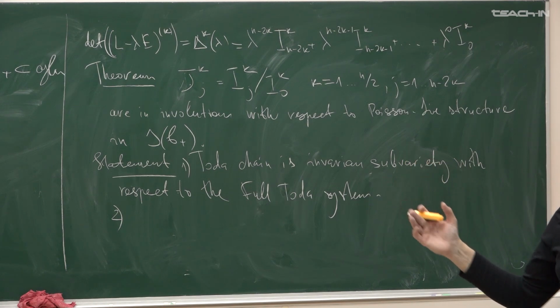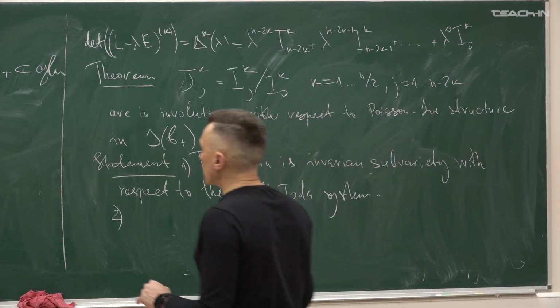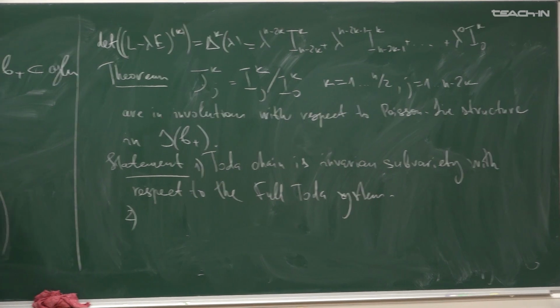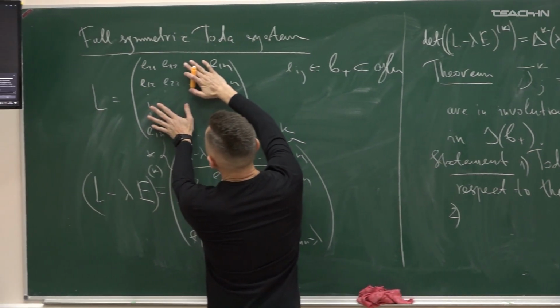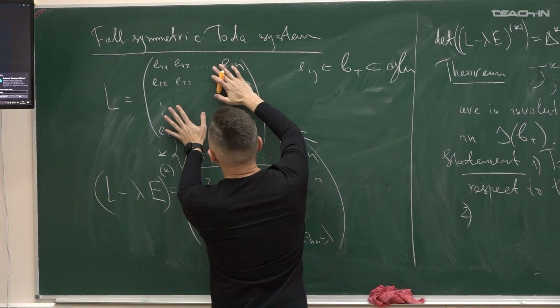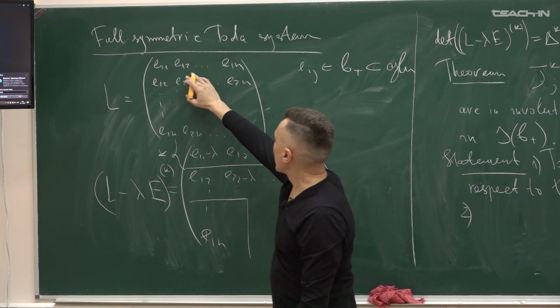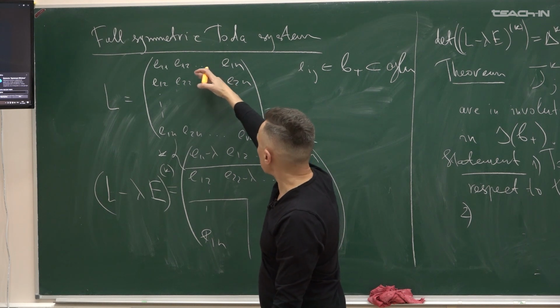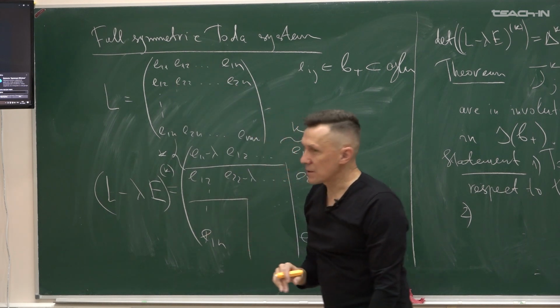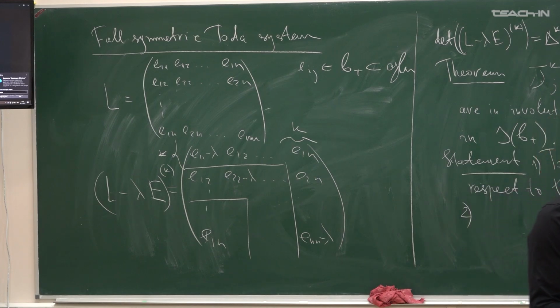The space is bigger, but if you suppose that all generators are zeros except three diagonals, then this is the Poisson subspace.